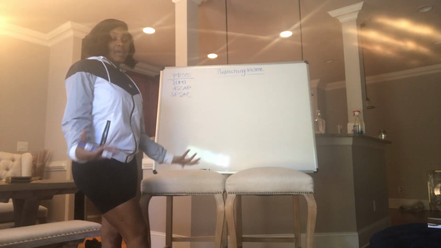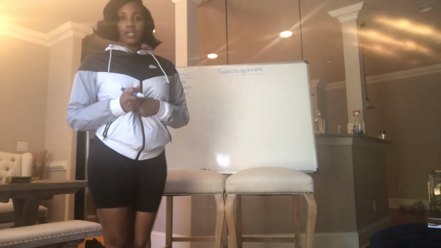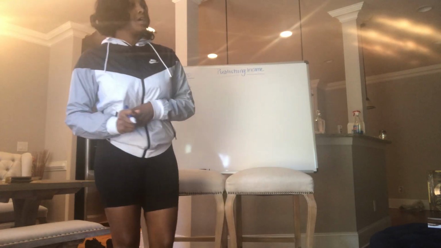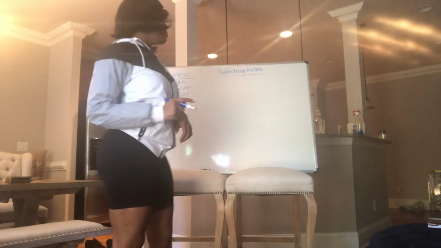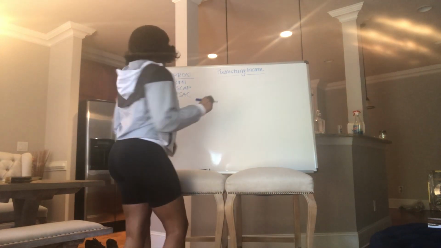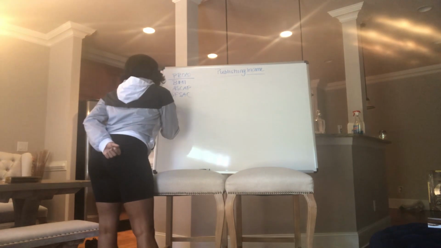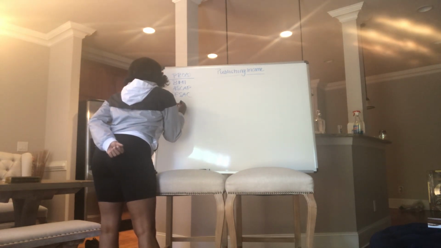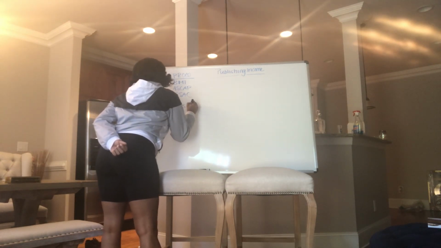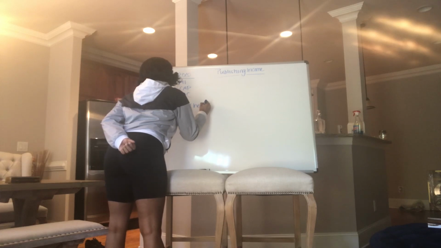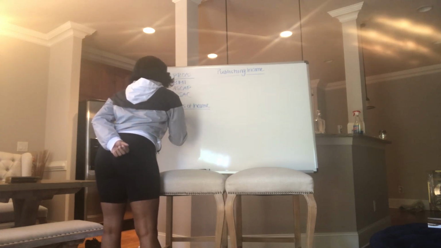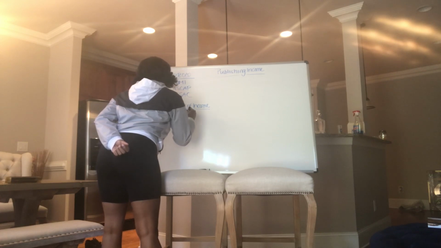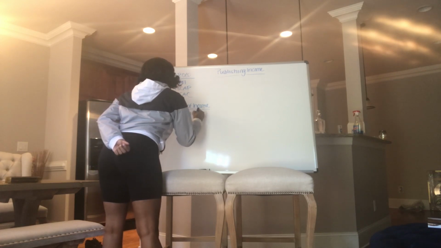Next is, how is publishing income generated? Okay, there are a few different sources of income via publishing, and I'm going to break down each one. You have mechanical royalties.